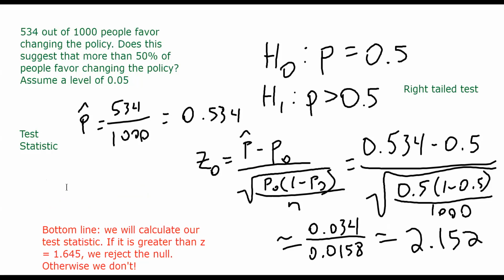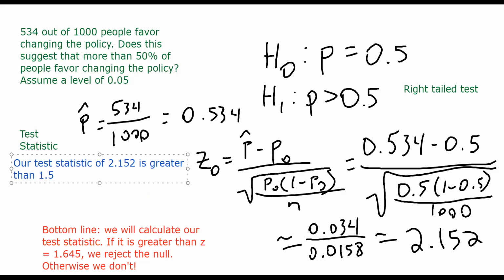So our conclusion: our test statistic of 2.152 is greater than 1.645, the critical value. Thus, we reject the null hypothesis.